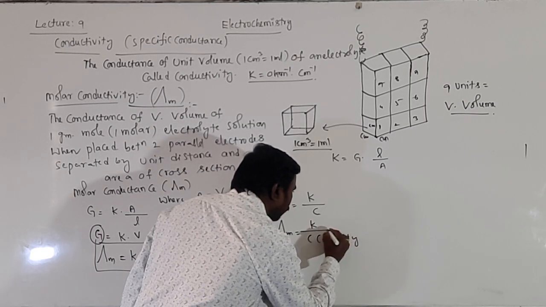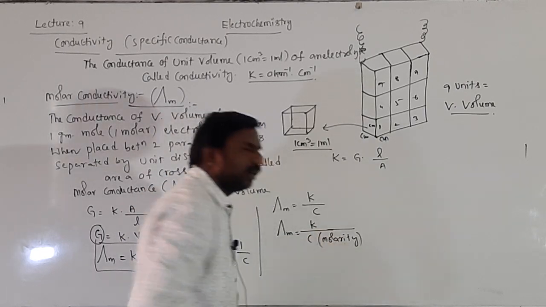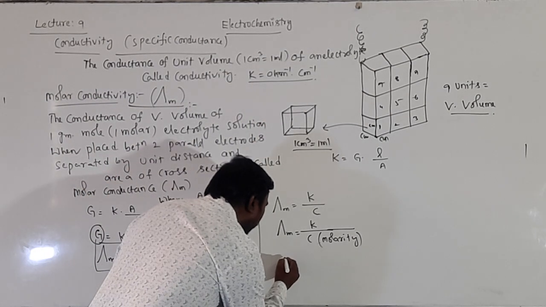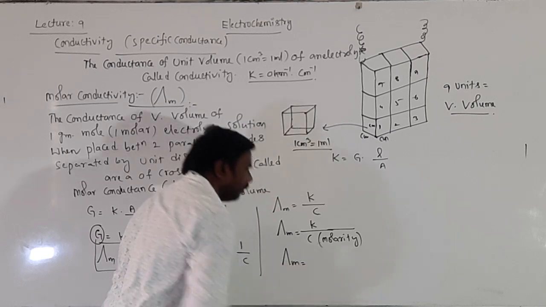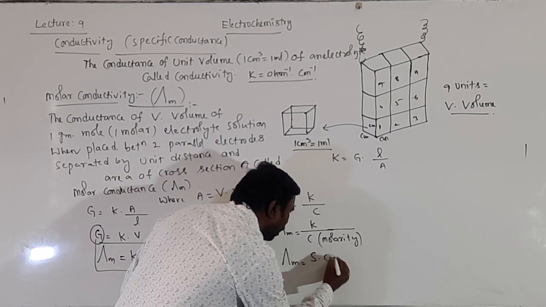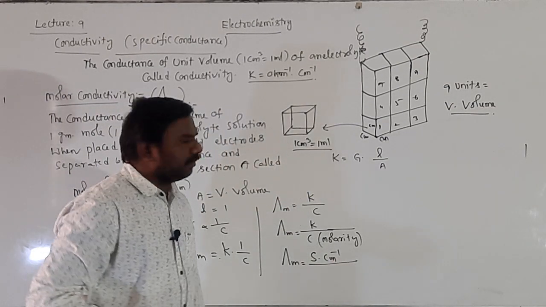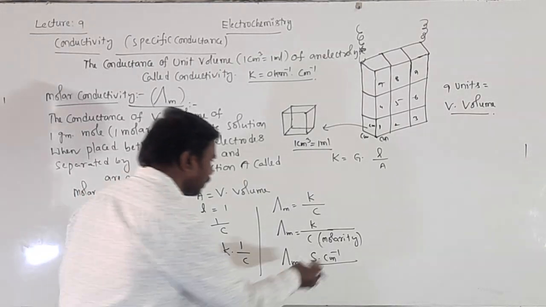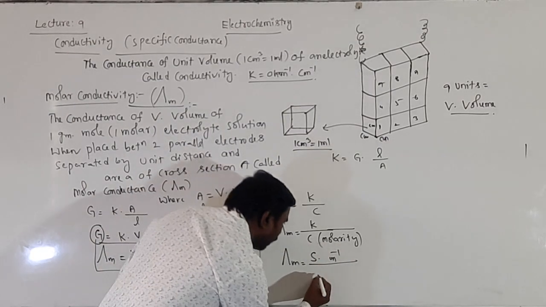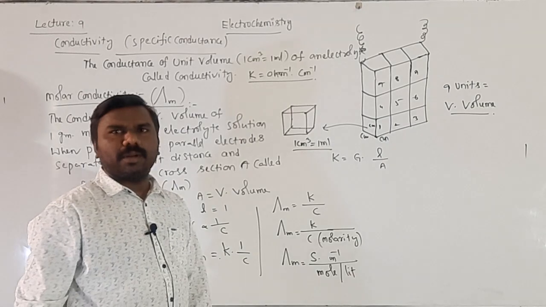So in place of C, molarity must be substituted. It means 1 gram mole indicates molarity. Then the K units are Siemens centimeter inverse. In the earlier class we discussed Siemens meter inverse as per SI units, divided by molarity, which means mole per liter.